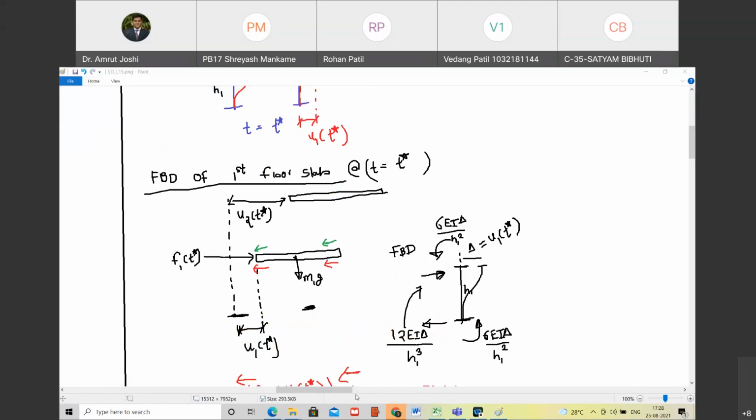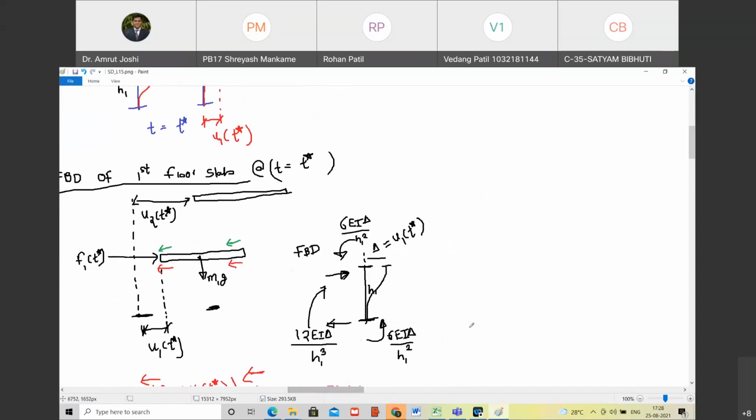Yes, sir. तो अपना जरा रेफरेंस देखो, this is ground. ग्राउंड से the first floor slab has moved by amount U1 of T star. Happy? Yes, sir.